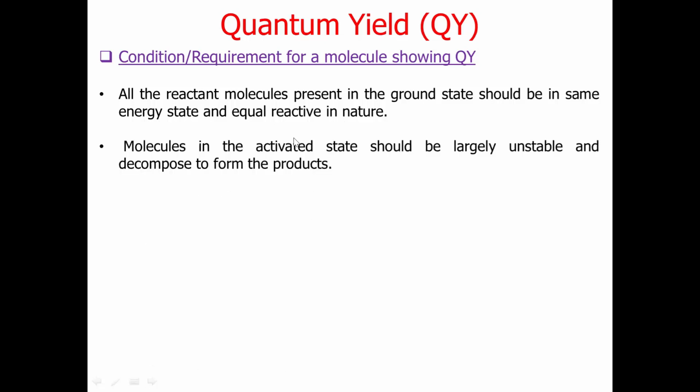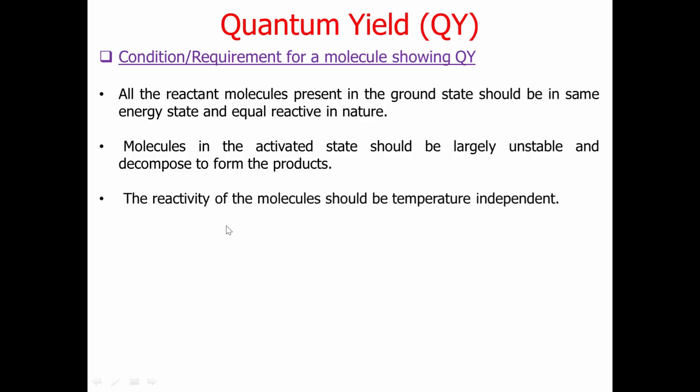Whenever a molecule absorbs photon energy, it goes from the ground state to the excited state. During this transition, the molecules in the activated state should be largely unstable and decompose to form the products. The reactivity of the molecules should be temperature independent.